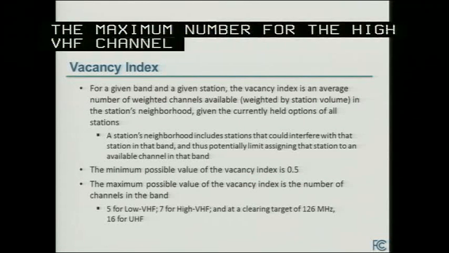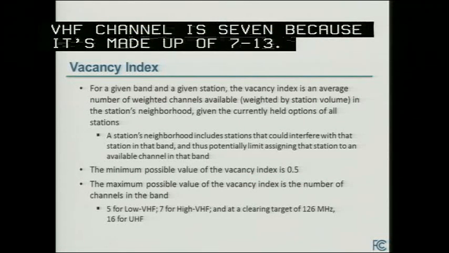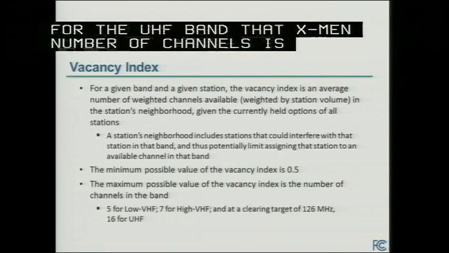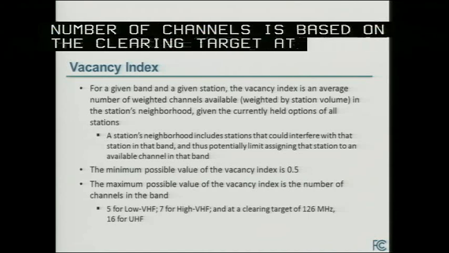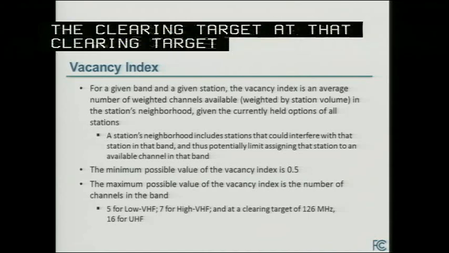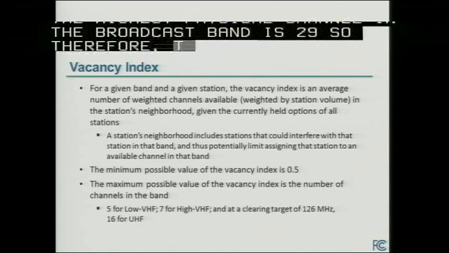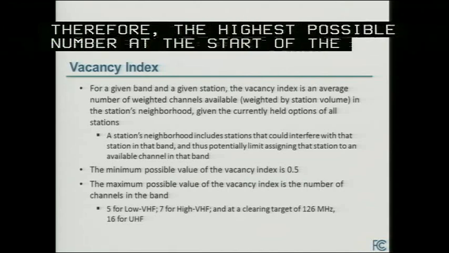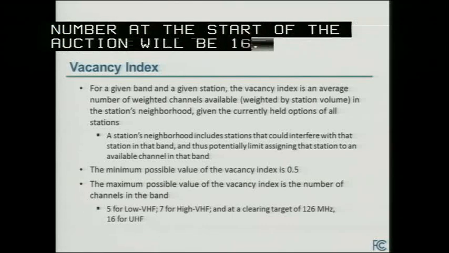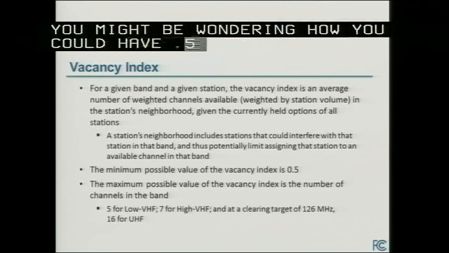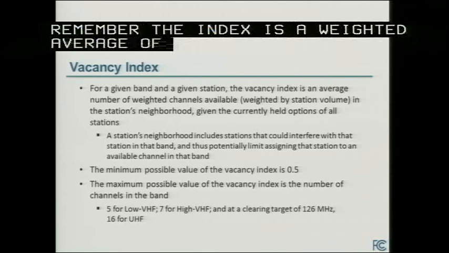For the UHF band, the maximum number of channels is based on the clearing target. At a clearing target of 126 megahertz, the highest physical channel in the broadcast band is channel 29. Therefore, the highest possible number in the UHF band at the start of the auction will be 16, right? Channels 14 to 29. And you might be wondering how you can have 0.5 of a channel. Remember, the index is a weighted average of the number of available channels in a neighborhood, so it may be a decimal value.